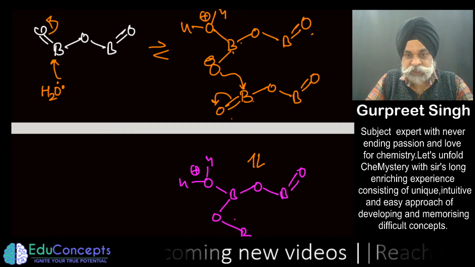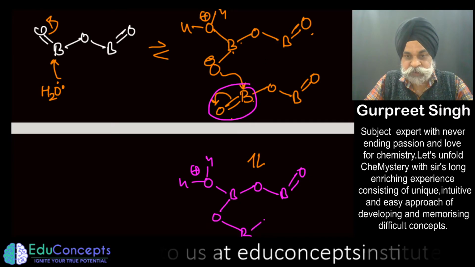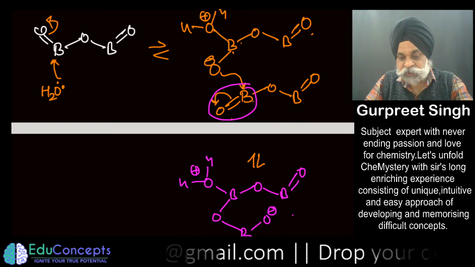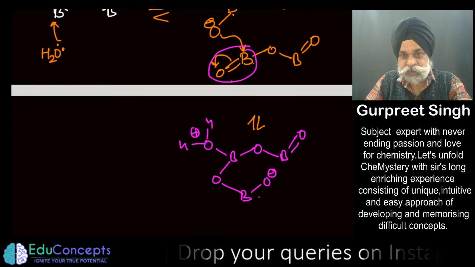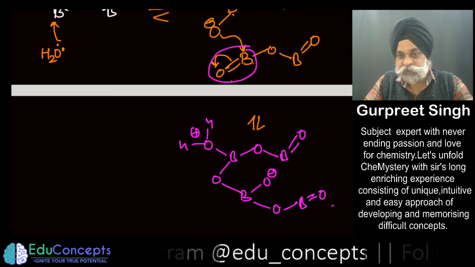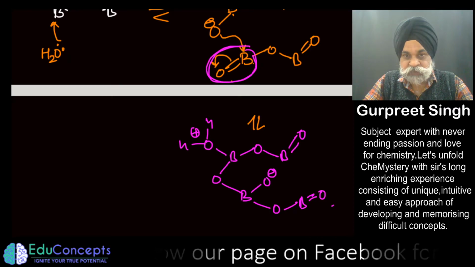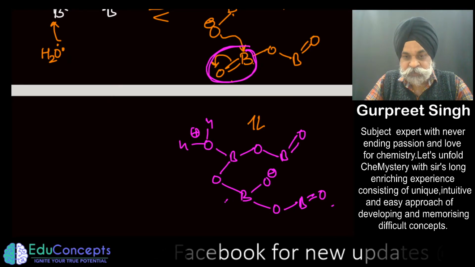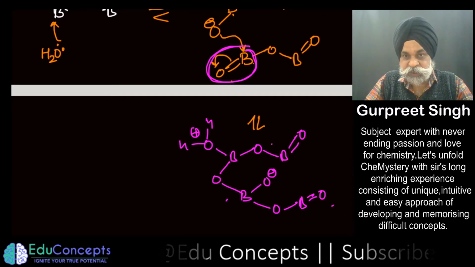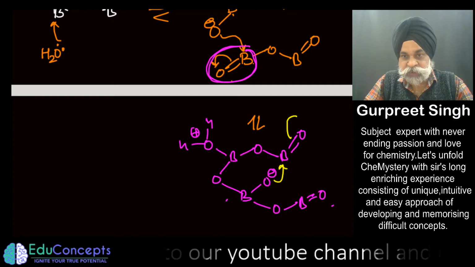Now let me write it on the other side of this. If I do it negative here, this has become negative. Now it is still attached with BO double bond O. Why am I doing so? The one which I had written on this side, I just moved onto this side, because then this negative charge can attack this one also, and this will go this side.